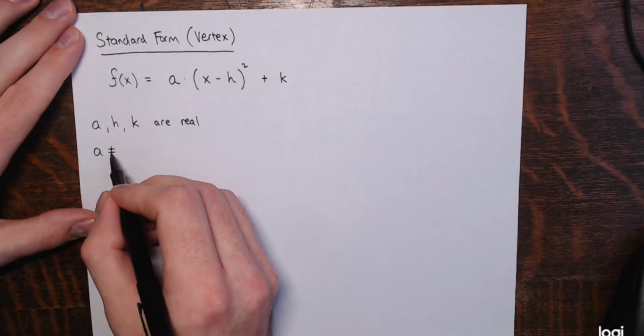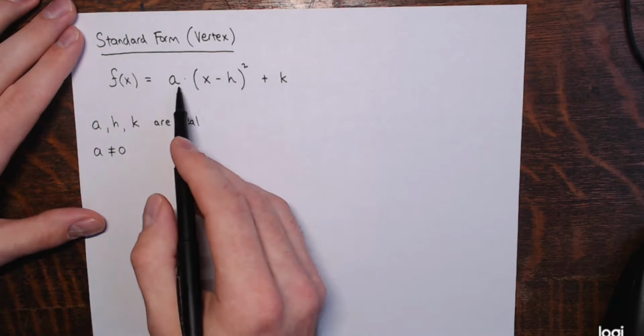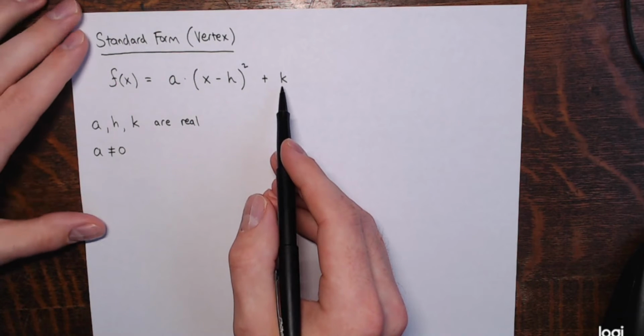And a is not 0, of course, because if a were 0, this term with the square would disappear and you'd be left with y equals k, or just a horizontal line, not a parabola.